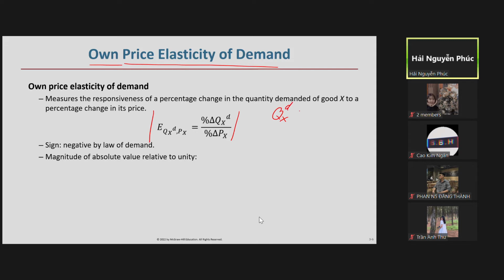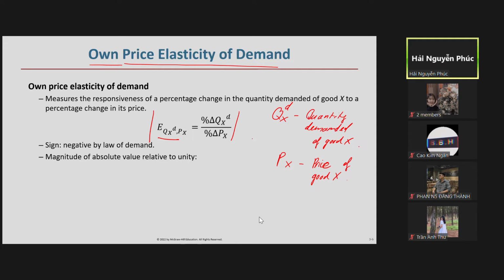We say that QXD is the quantity demanded of good X. We have PX, the price of good X. So QXD PX is the price elasticity of demand, and it is equal to the percentage change in the quantity demanded for good X divided by the percentage change in the price of good X.